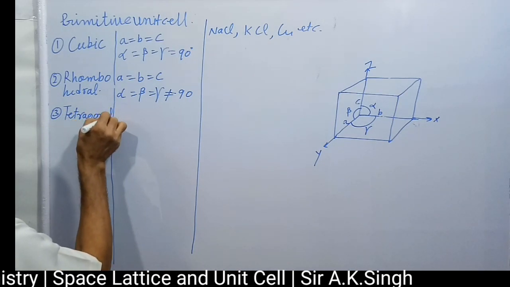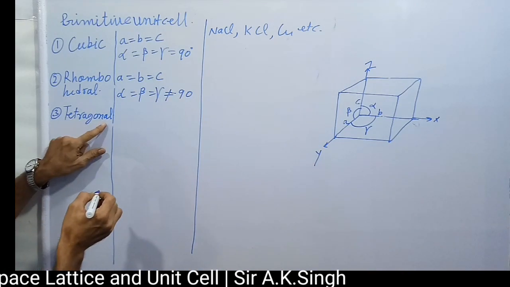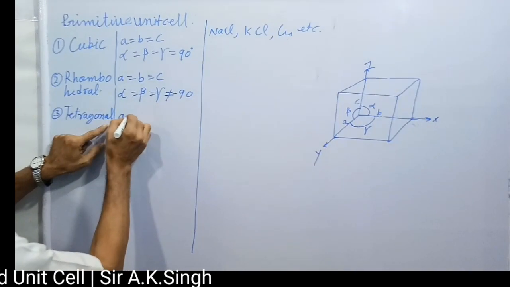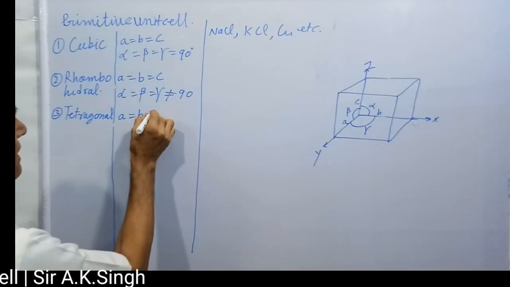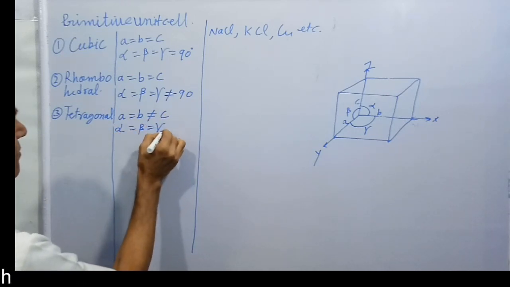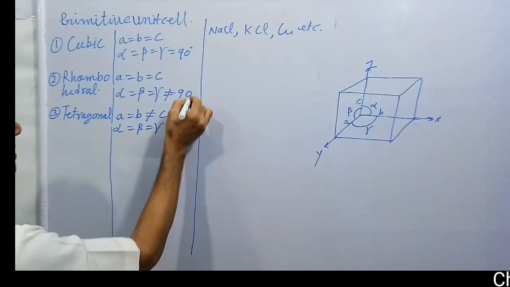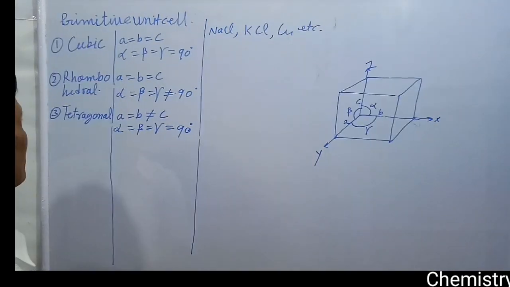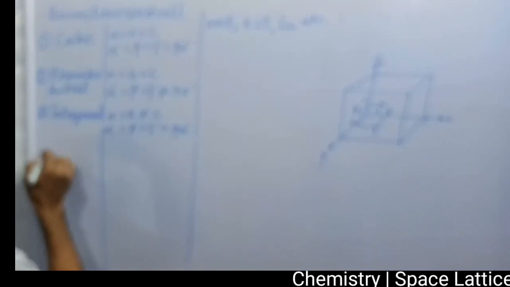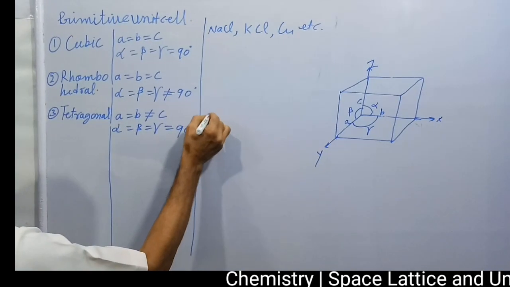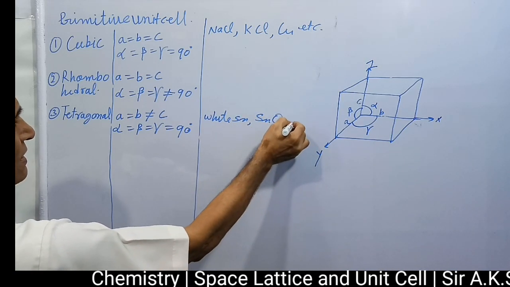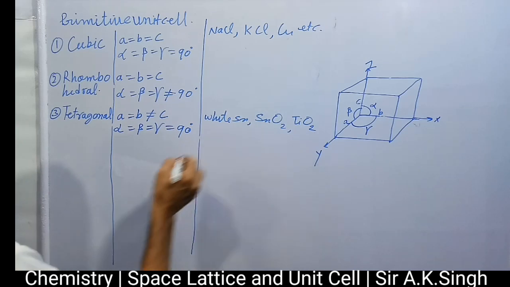In tetragonal, a equals b is not equal to c, and alpha equals beta equals gamma equals 90 degrees. Examples of tetragonal are white tin, SnO2, TiO2, and others.